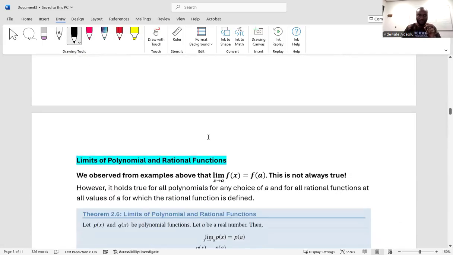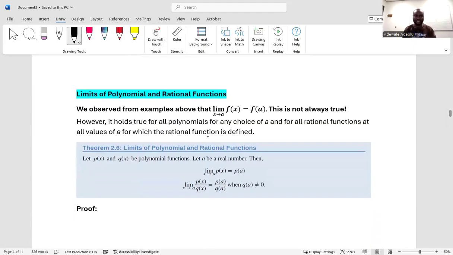Why that is true: we observe from examples above that the limit of a function as x goes to a is as if we are evaluating that function at a itself. Yes, for the two situations we are very true. However, that situation is not always true.